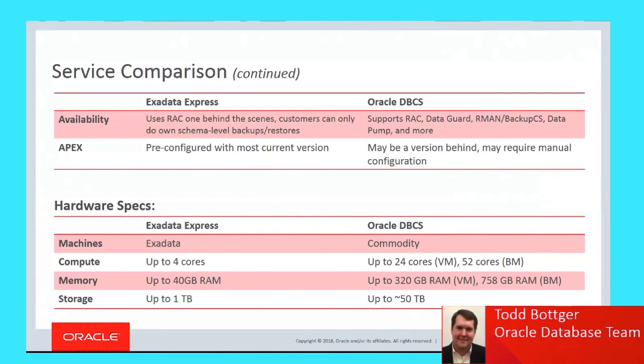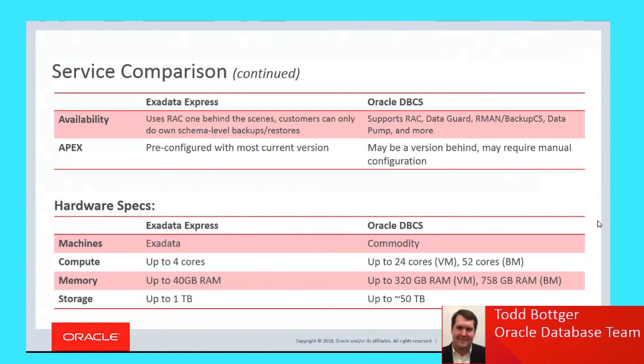And when you want to provision an Exadata Express instance, you need to switch to the traditional account. So make sure when you sign up for free trial, you switch to the traditional account that was provisioned for you. And then you'll see the buttons to provision an Exadata Express instance. If you remain on the regular IDCS OCI account, then you won't see the buttons to provision Exadata Express. You only see the buttons to provision DBCS and a couple other things.